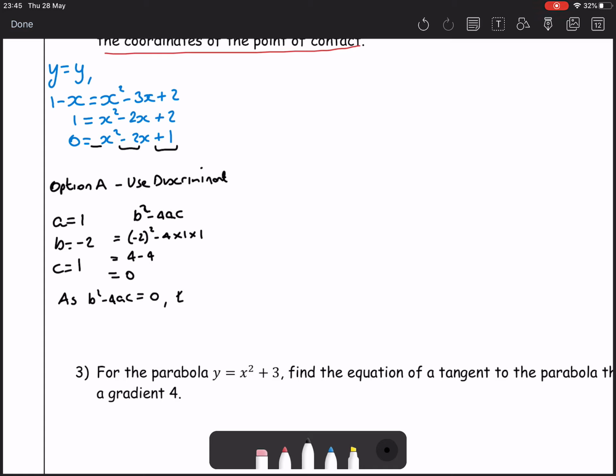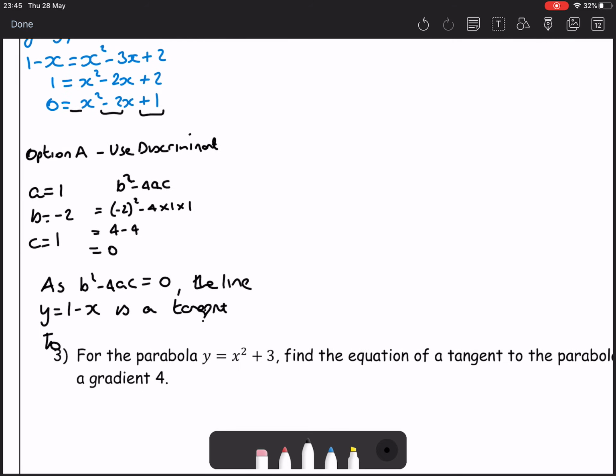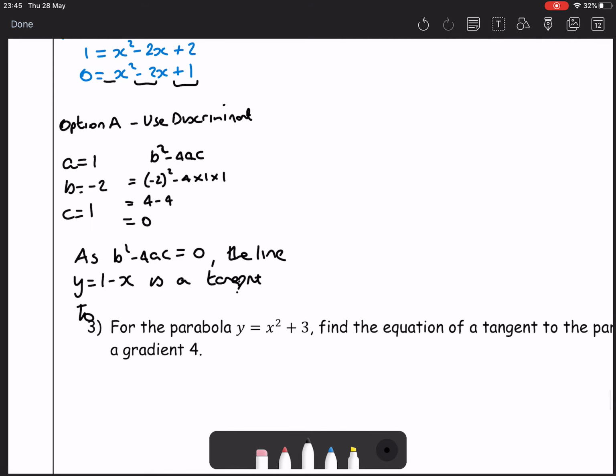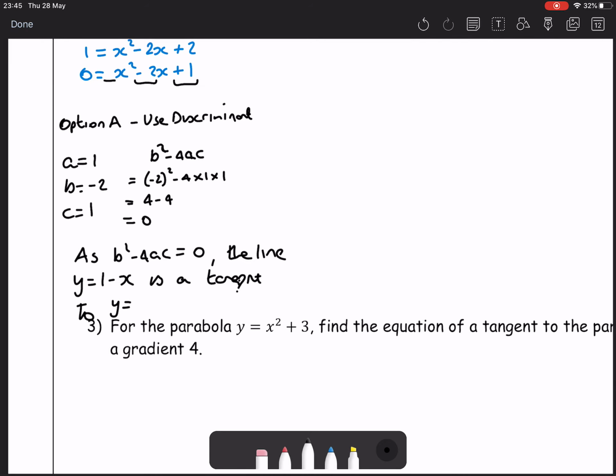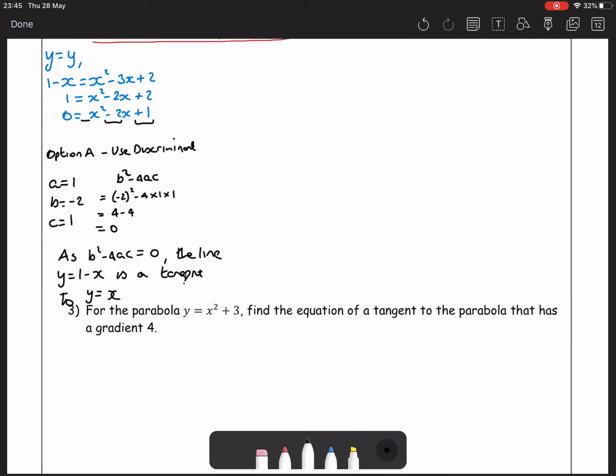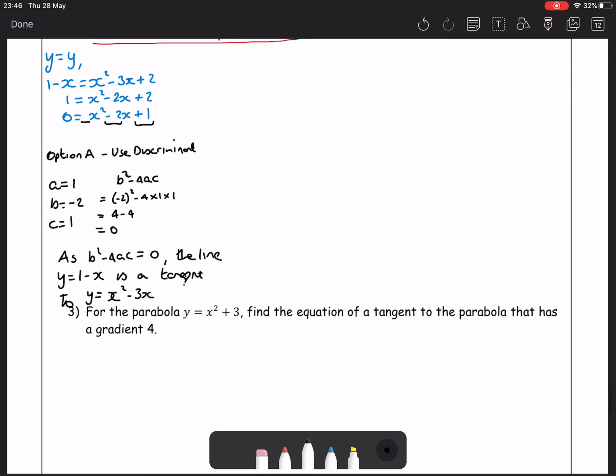Then what that means is the line y equals 1 minus x is a tangent to y equals x squared minus 3x plus 2.